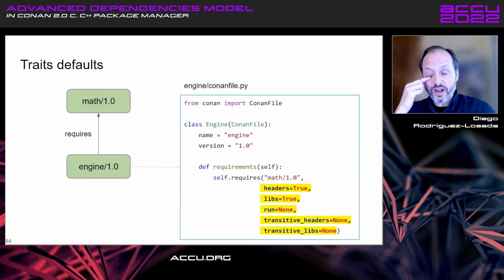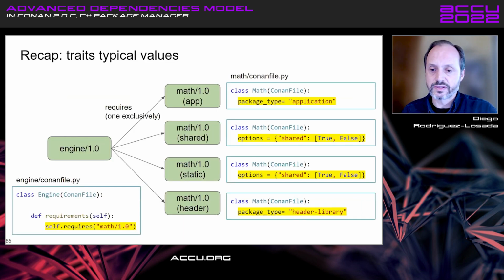So now, how can we use this to define the traits? In practice, this is the typical use case, how the package type helps.